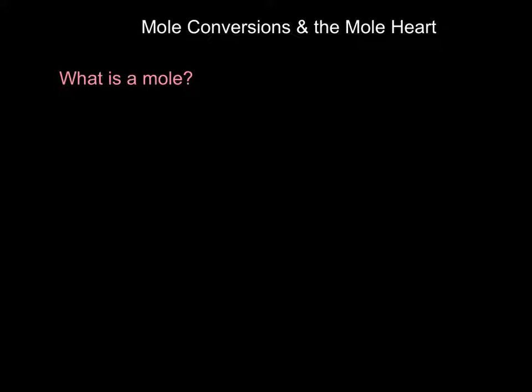First of all, let's review what a mole is. While we might think that a mole is an adorable, fuzzy little creature that burrows in the dirt, it is, biologically speaking, but in chemistry, we use it in a very different way. In chemistry, a mole is actually a quantity, much like a dozen is a quantity.